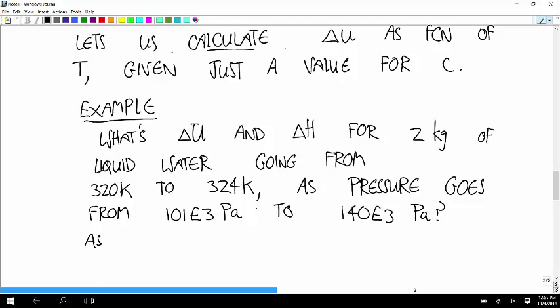And we're going to assume a specific heat of, let's say, 4.18 kilojoules per kilogram times Kelvin.